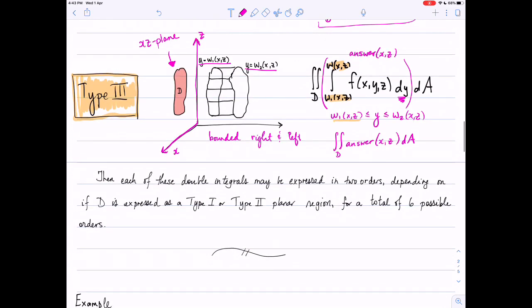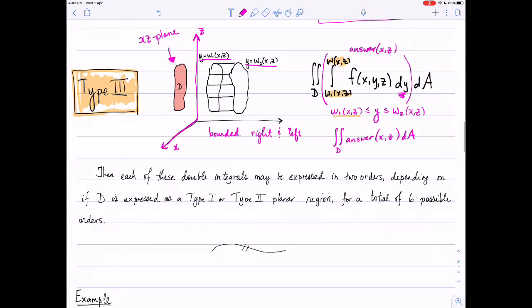So each of these double integrals can be expressed in 2 orders, right? Type 1, type 2, that's discounting polar.